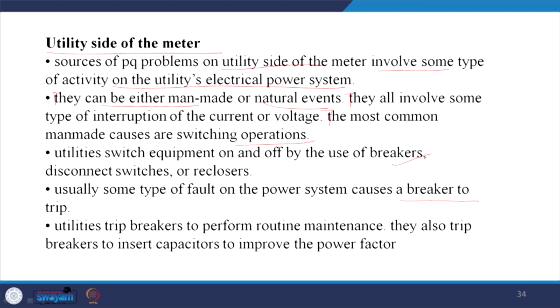For example, we have taken so many examples of the single line to ground fault. Utilities also trip breakers to perform routine maintenance, and to insert capacitance to improve the power factor. That is quite important.